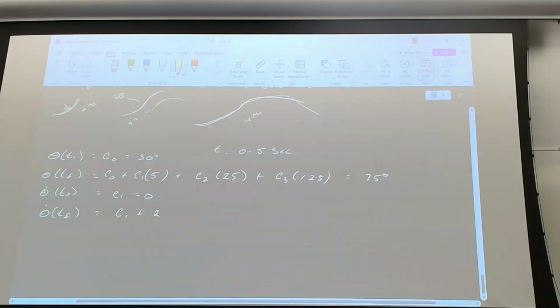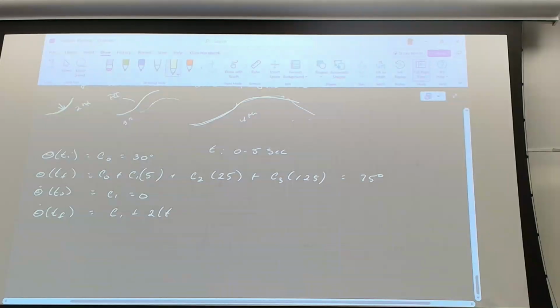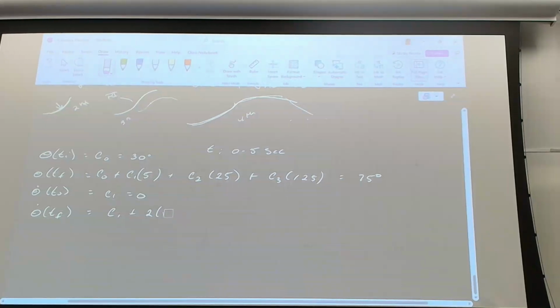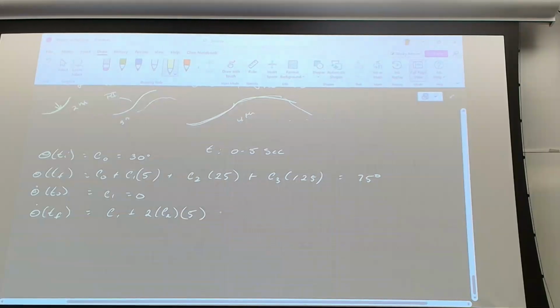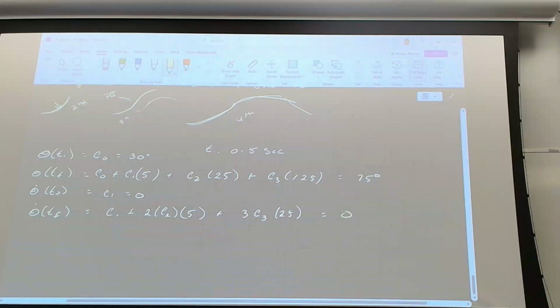So we're going to have 2 times C2 times our TF, which is going to be 5. Then we're going to have 3 C3 times TF squared, or 25. And our final velocity is going to come to a rest, so we want that to be 0.